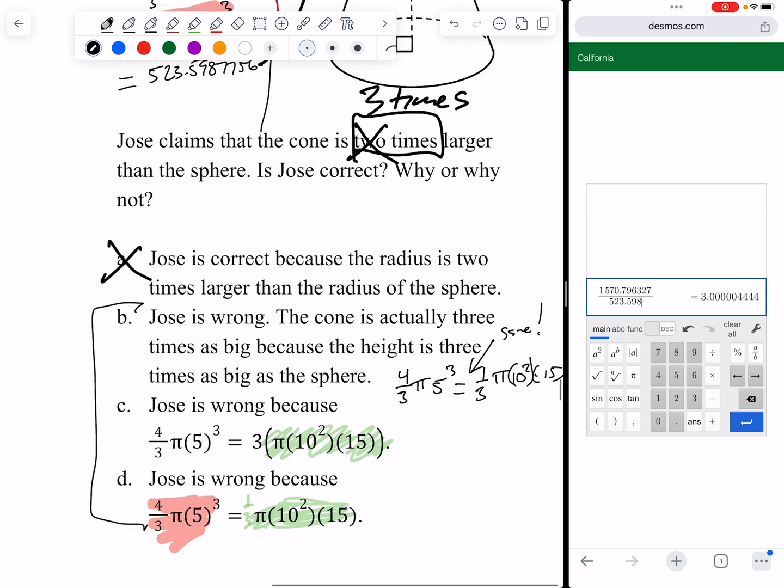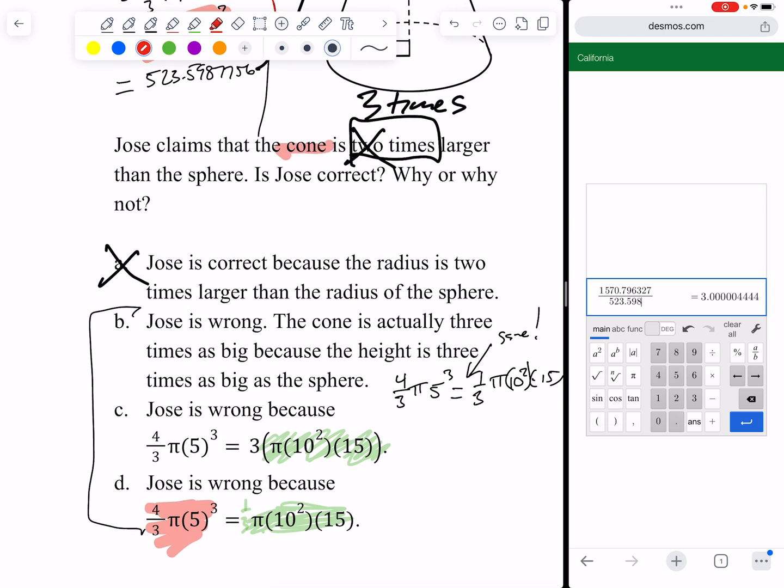What did we learn? We learned that the cone is 3 times bigger. So that means that the sphere stayed the same. 4/3 pi times 5 cubed, right? And it stayed the same. That's the same. That's the same. But on the other side, I multiplied this whole thing by 3.